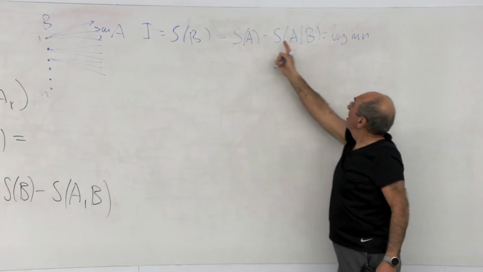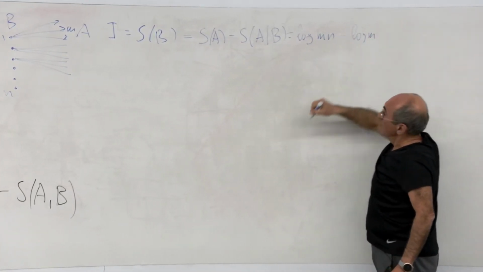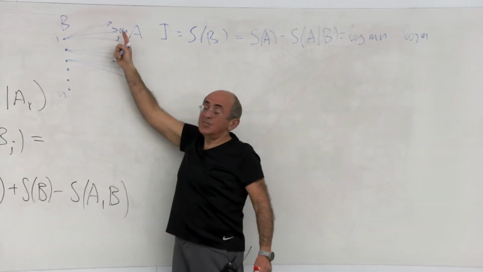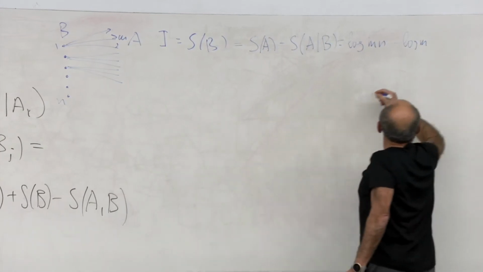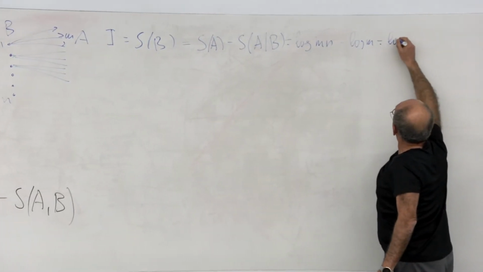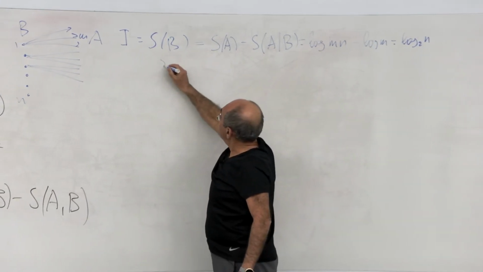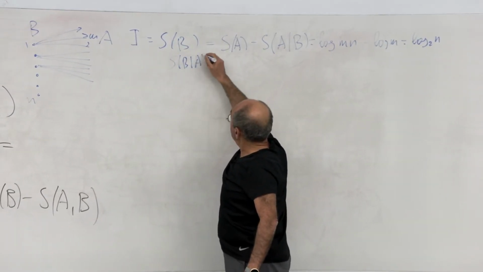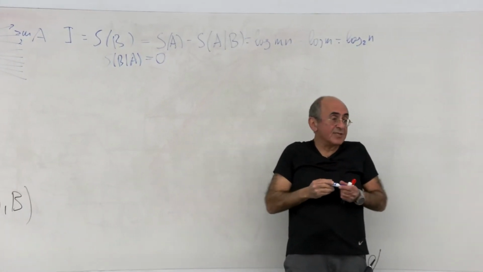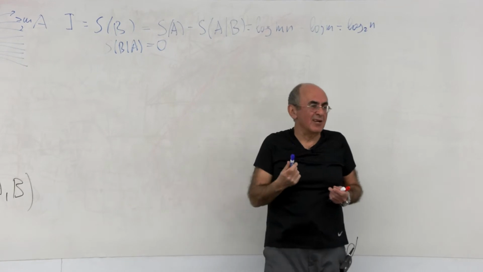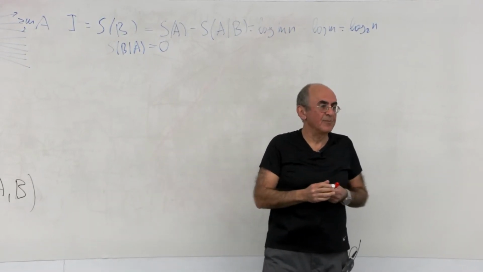And this is minus log of m. Because when I get it, there is still uncertainty. When I get any A, there is still uncertainty. And so it's again the same logarithm n, which is S of B. So in this case, S of B under A is 0. And in a sense, it is still technically not a noisy channel. We don't make mistakes here, right?